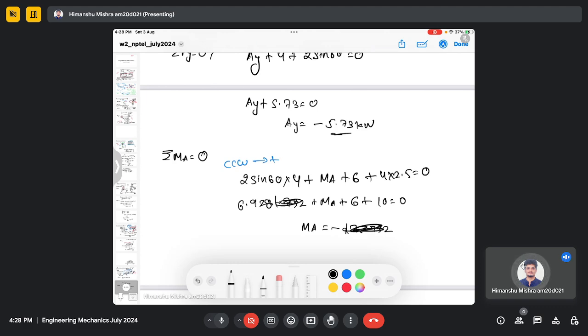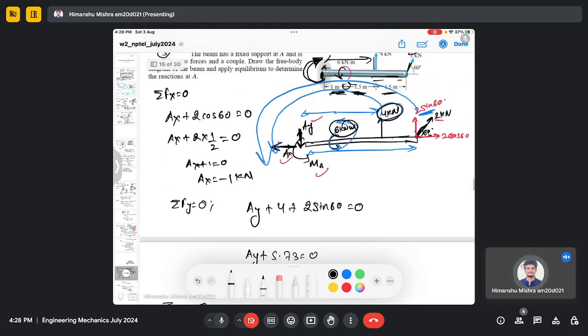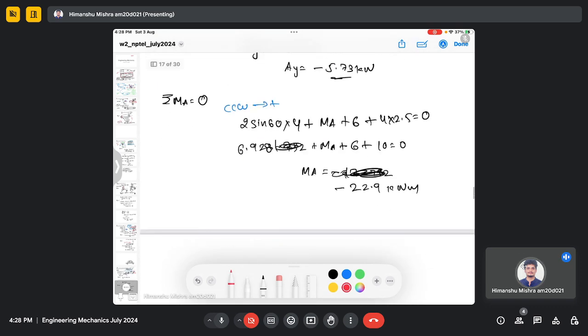So it will be minus 22.9 kilonewton meter. So the direction of MA should be this, because it's minus, which means it should be in the clockwise direction, because positive is the counterclockwise, and the magnitude of MA is 22.9.